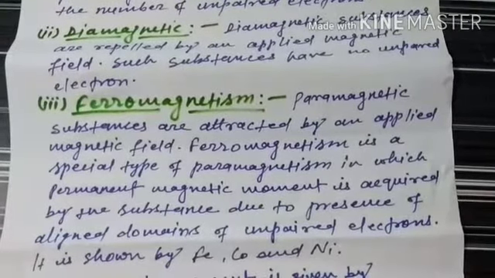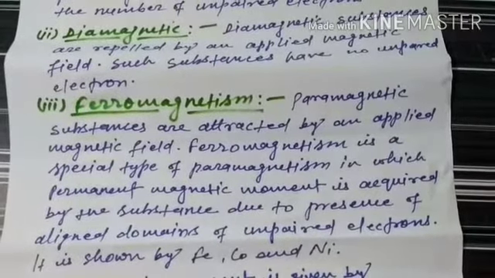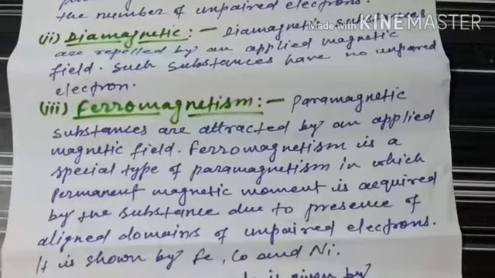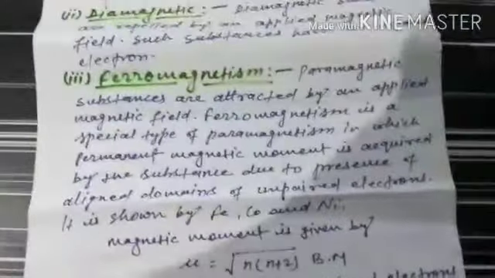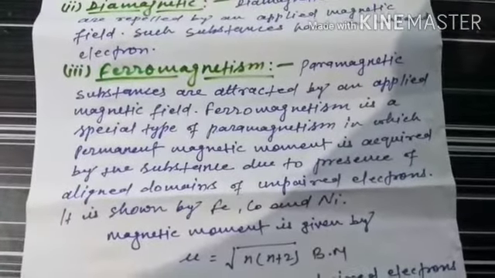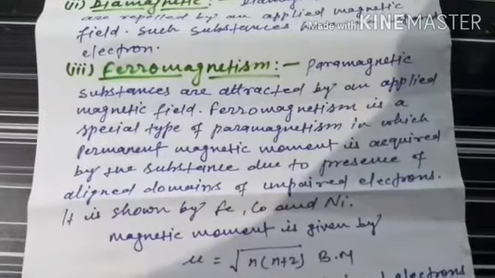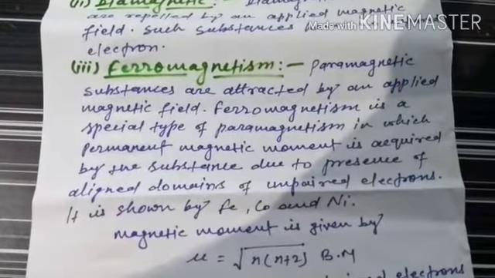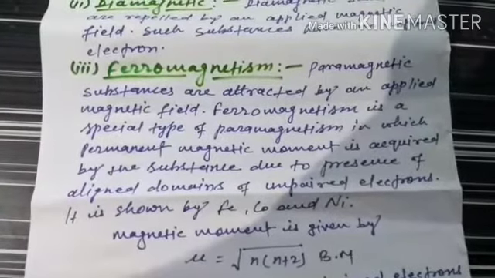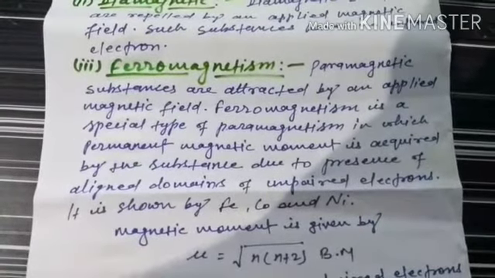Ferromagnetism is a special type of paramagnetism in which permanent magnetic moment is acquired by the substance due to the presence of aligned domains of unpaired electrons.